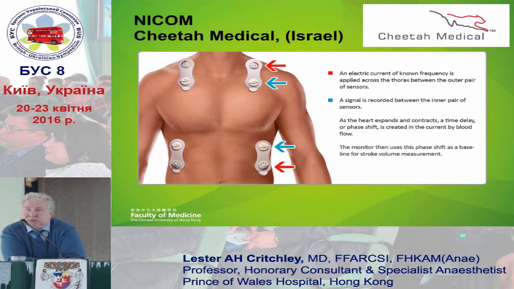The red arrows show where an electric current is passed through the chest, and the blue arrows show where the impedance or the resistance to that current is detected.